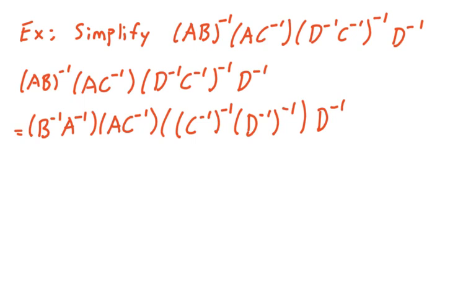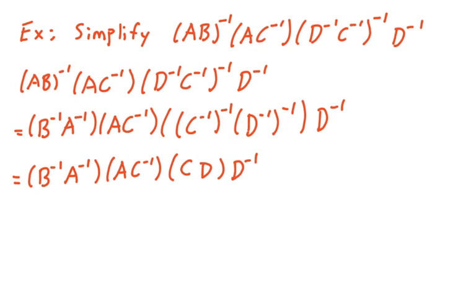It's real slick, because watch what happens. So this is B inverse A inverse times AC inverse times CD inverse. And then it just turns into a regrouping exercise.